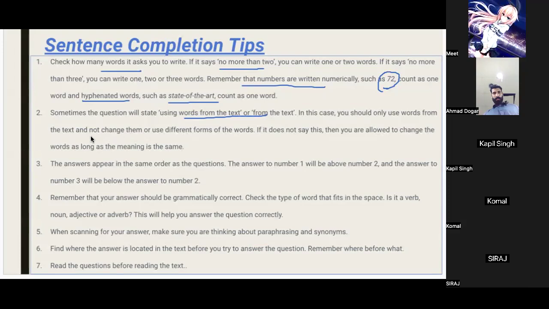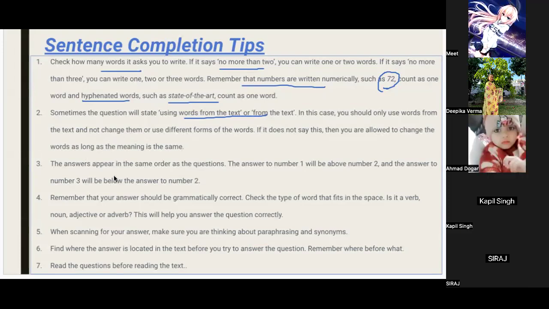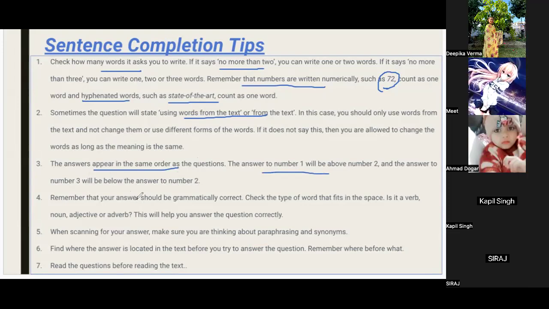Okay, so let's look at another tip. The answers appear in the same order as the questions also. So you should be focused on the order also. The answer to number one will be above number two and number three also. Remember that your answers should be grammatically correct. Right?